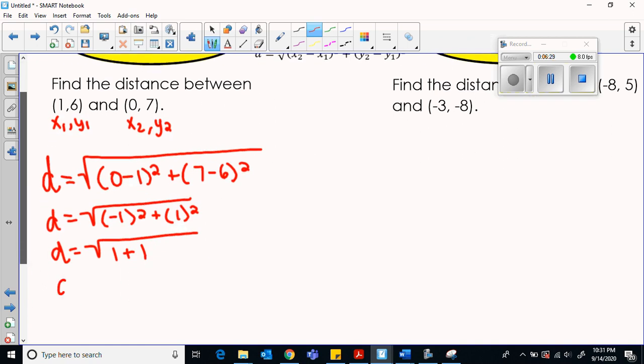Let's add them together. So d equals the square root of 2. Don't forget to take the square root at the end, and then you can use your calculator. Let's round that to the nearest hundredth. So the distance between these two points is 1.41 units, using the distance formula.